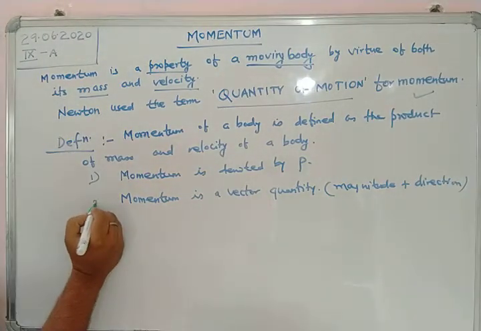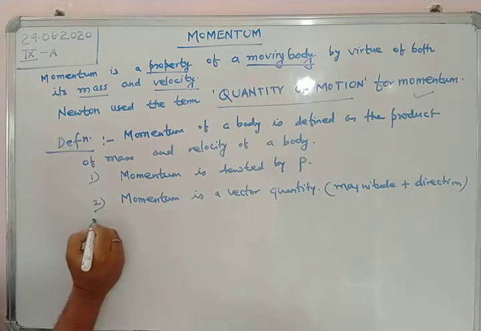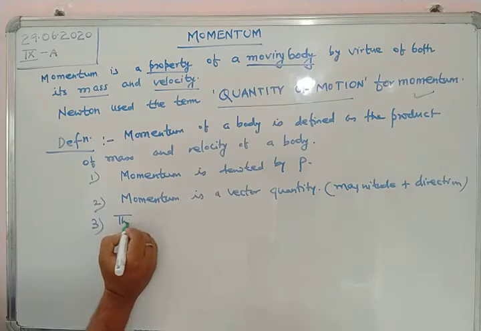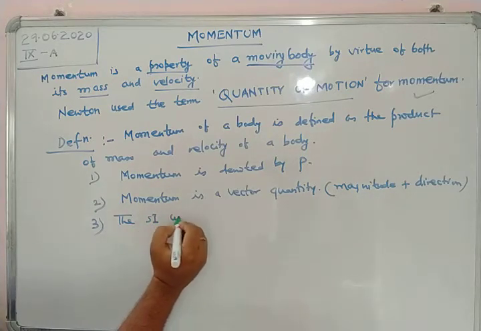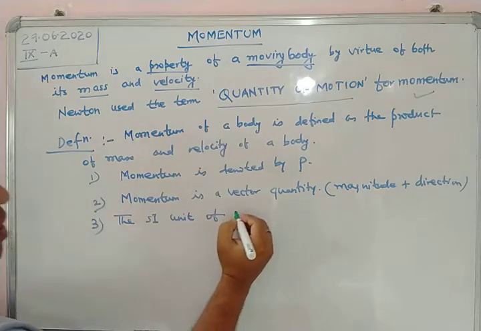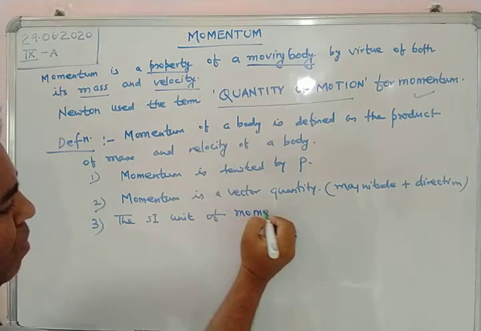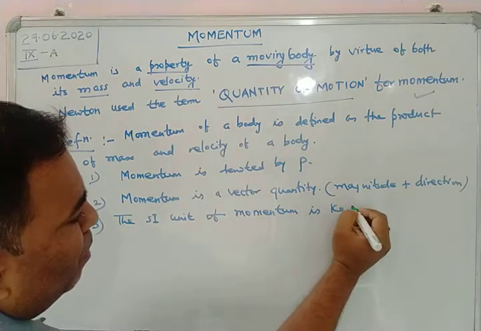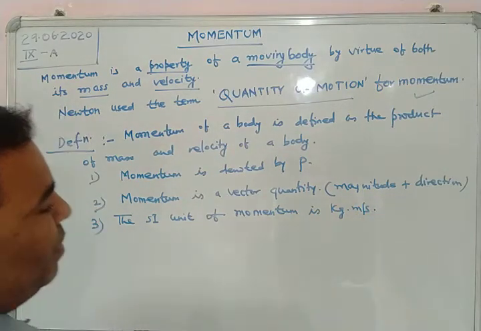This is point number 1, this is point number 2. In point number 3, these are the characteristics we can say about momentum. The SI unit, the System International unit, of momentum is kg meter per second.